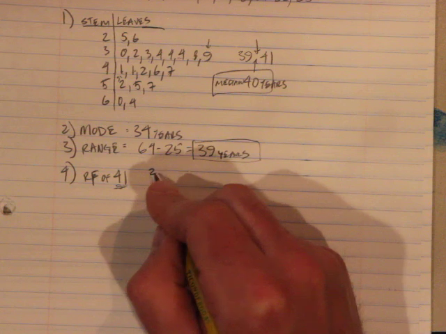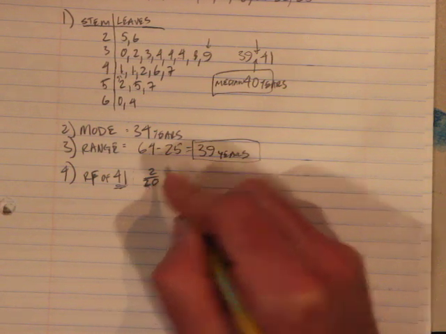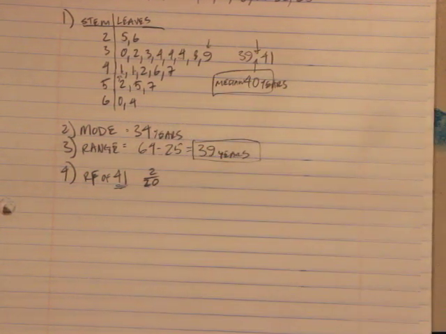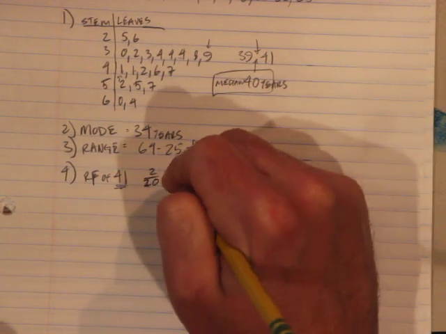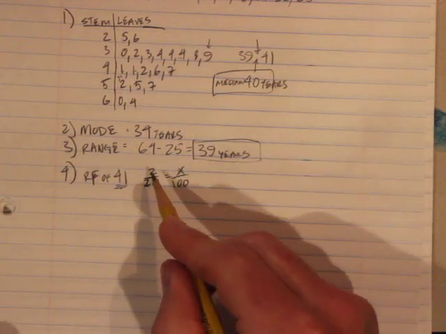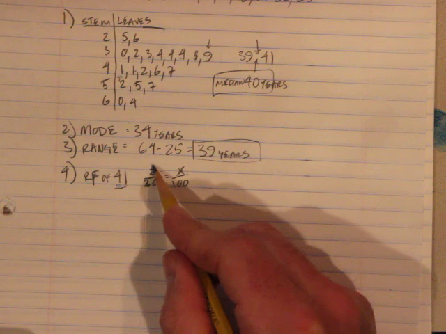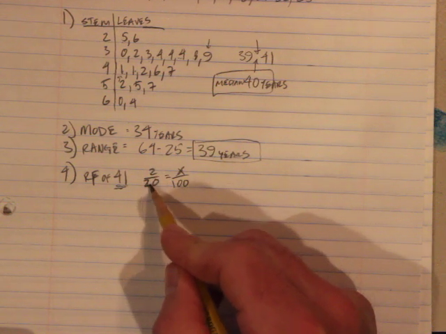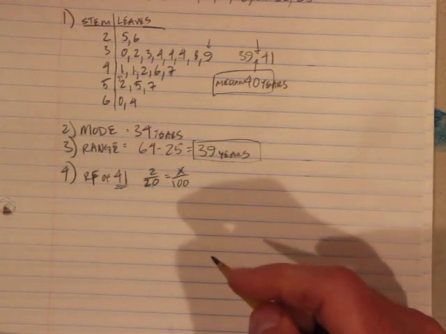I take 2 over 20, and then I'm going to multiply that by 100. Or I could say x over 100 like that. There are a bunch of ways to find the percentage here. We're finding what percent 2 out of 20 is, basically.